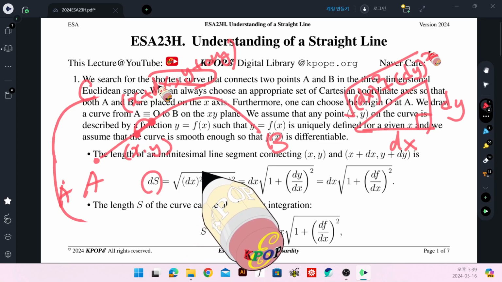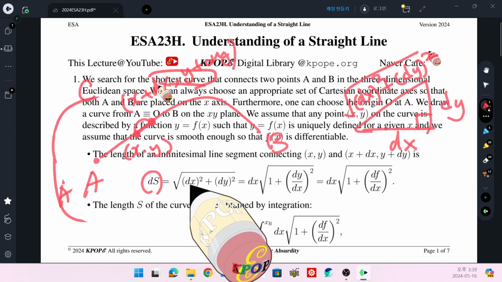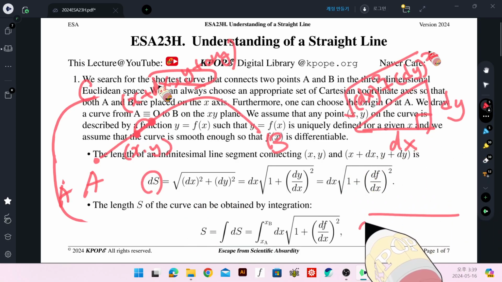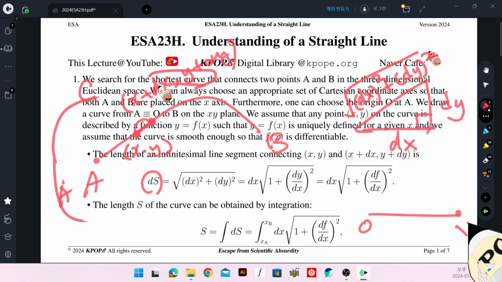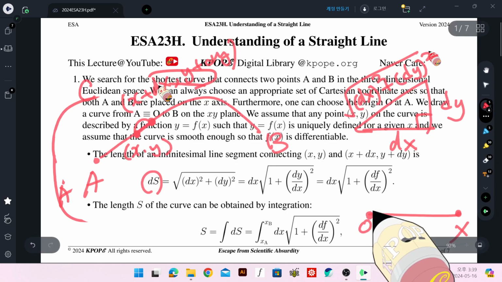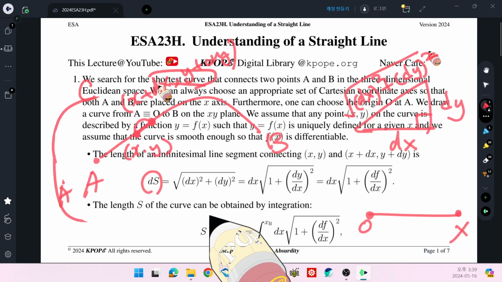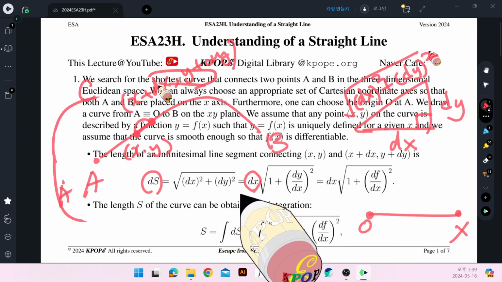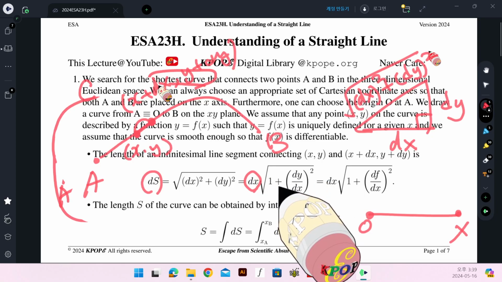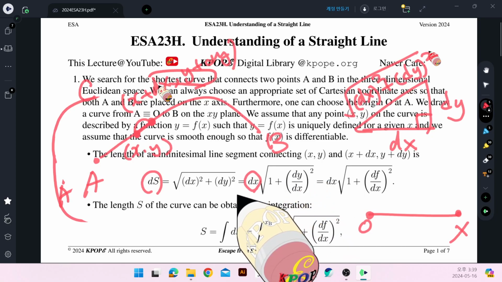Why don't we factor out this dx? This is positive definite along the positive x-axis, where the Cartesian coordinate is x. So we can factor this differential length element dx out.